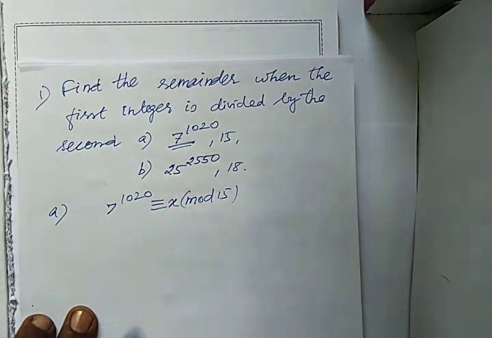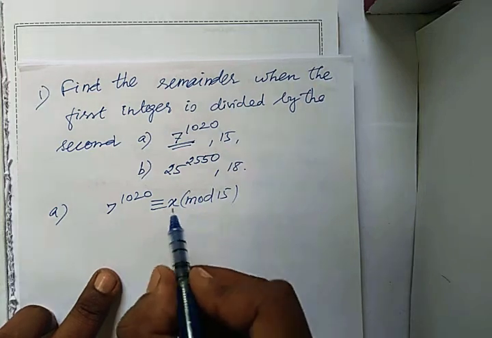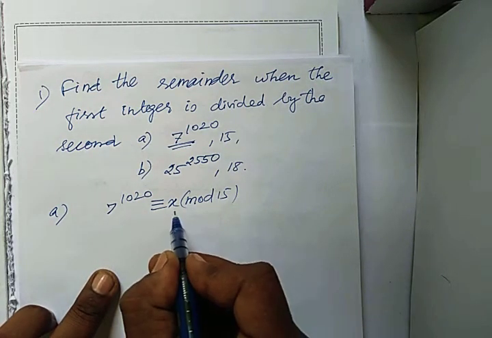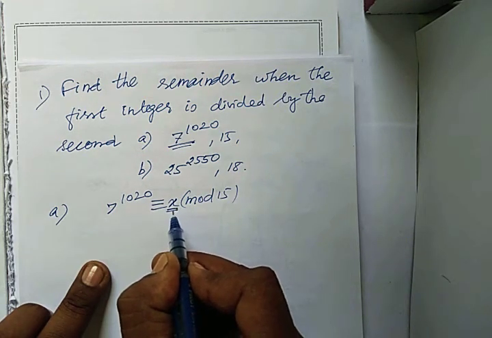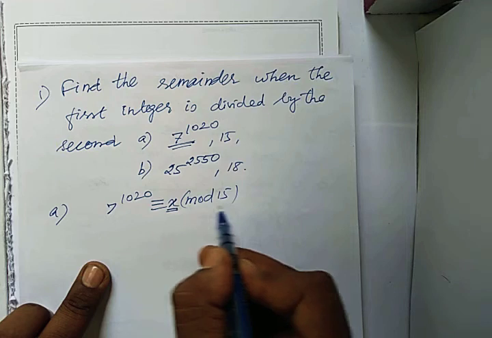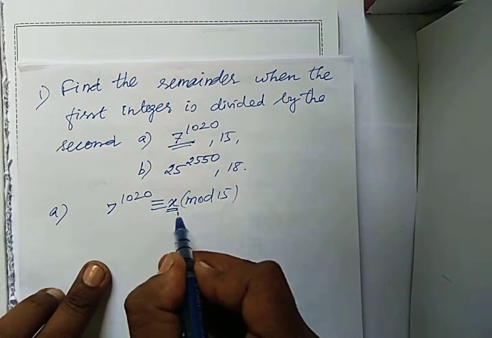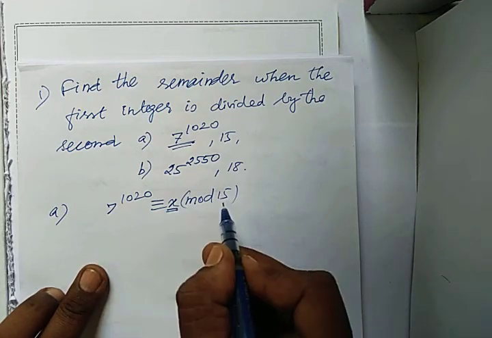We have to find some x, the least residue modulo 15. We need to find some non-negative x, smaller than 15. That is the remainder when this number is divided by 15.